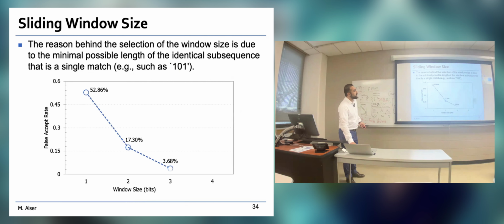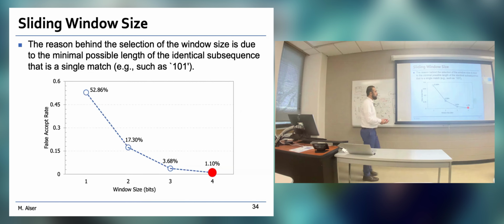Here we evaluate, what if we use a window of size 1? What if we use a window of size 2? What if we use a window of size 3 and size 4 on the false accept rate, which is the false positive? We know that if our sight is limited by this window, then we're going to see that much of exact matches, that much of zeros.